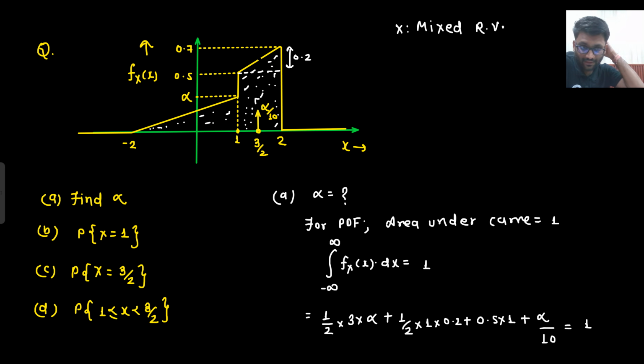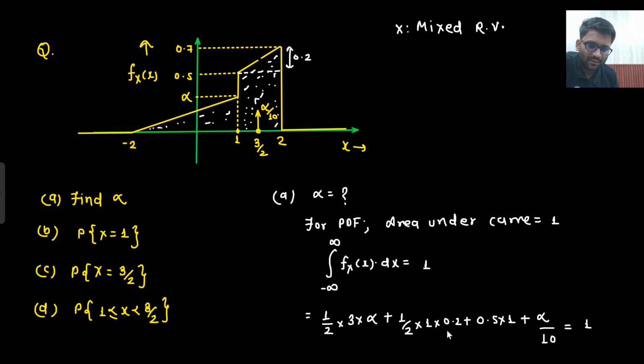So what you are getting actually is 1.5 alpha plus 0.1 alpha, 1.6 alpha, plus 0.6 is equal to 1. So the alpha value you are getting is 0.25, right?